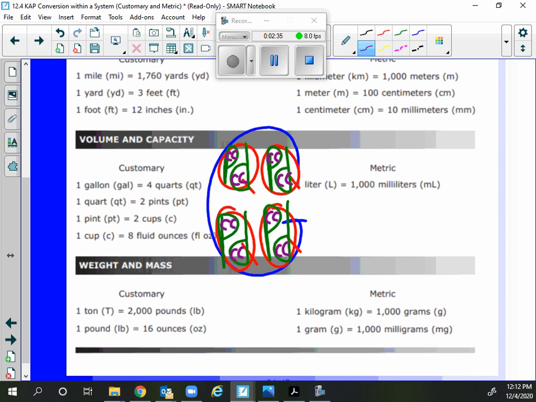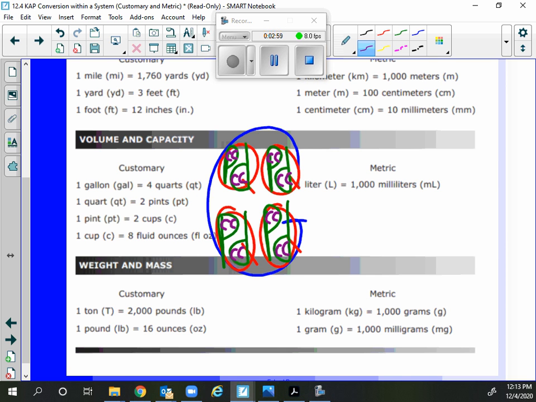That's how Mr. C remembers. Anytime I have to do this work, I always draw this little chart down because I always forget. And I just remember that there's 8 fluid ounces in it. So essentially, I just remember one of those conversions. It's the bottom one, and then I just draw my picture for the rest. Even as a grown-up, I draw this picture.